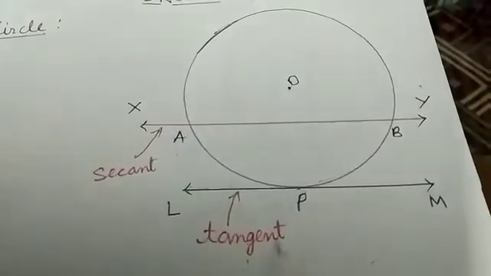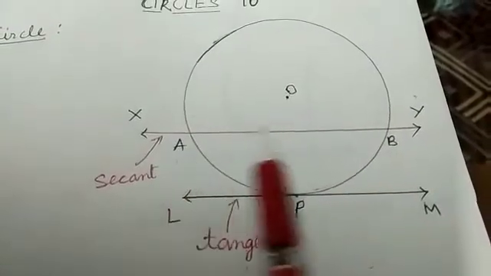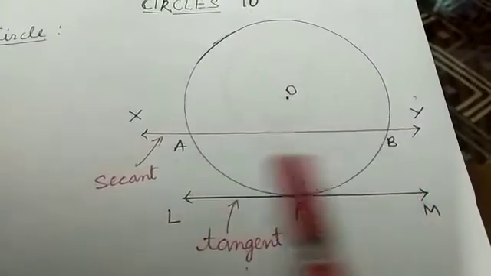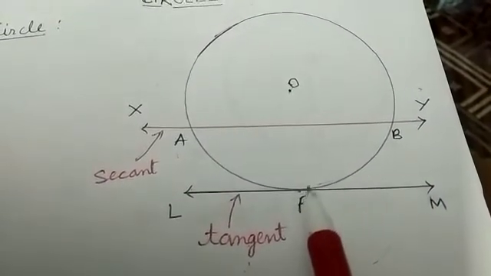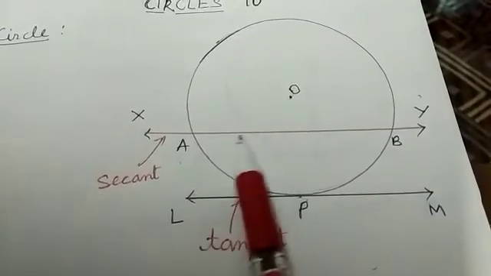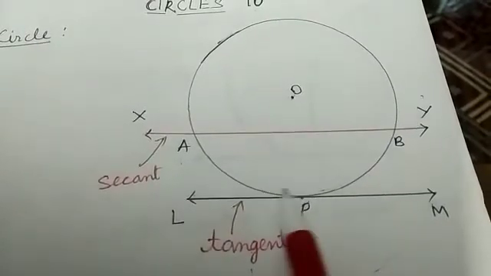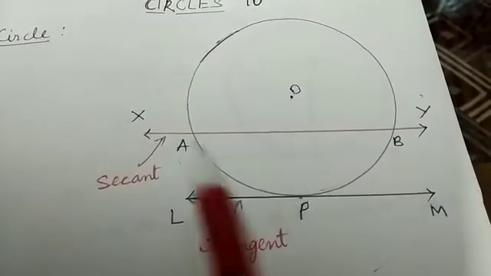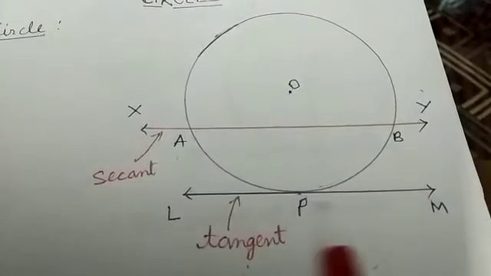And a tangent is a special case of a secant where the endpoints A and B of the line segment AB coincide. That means both A and B will come and meet at one point. If I move this one down, you can see the chord becomes smaller and smaller, and ultimately A and B coincide with the point P, and that becomes a tangent.